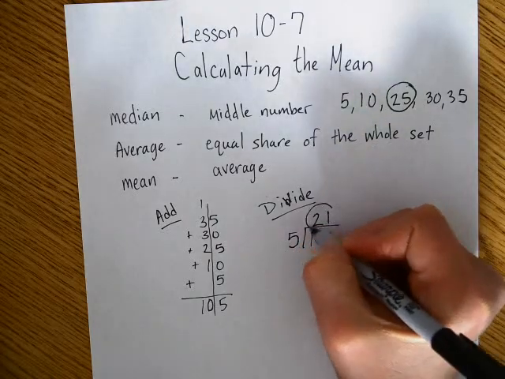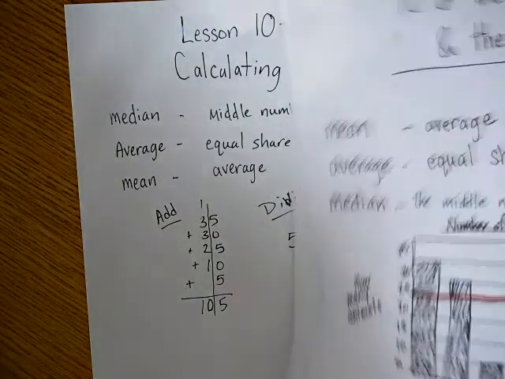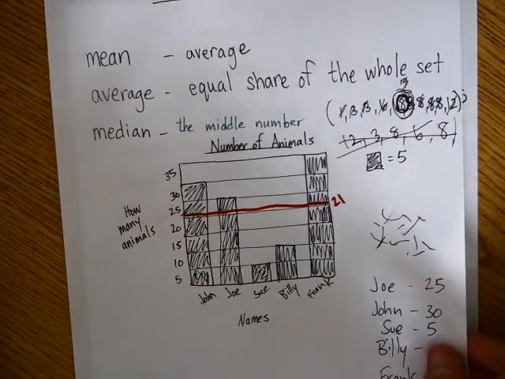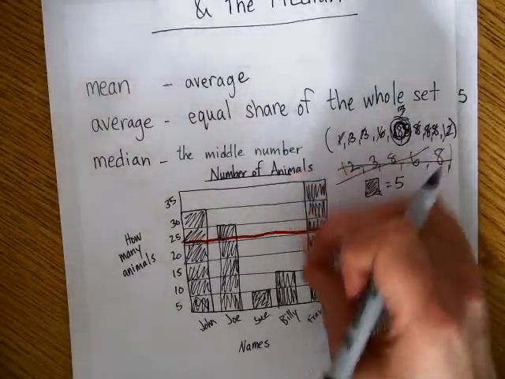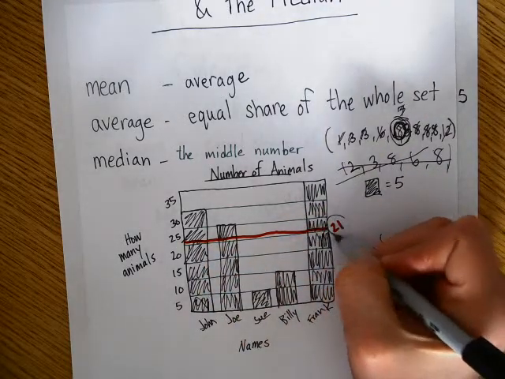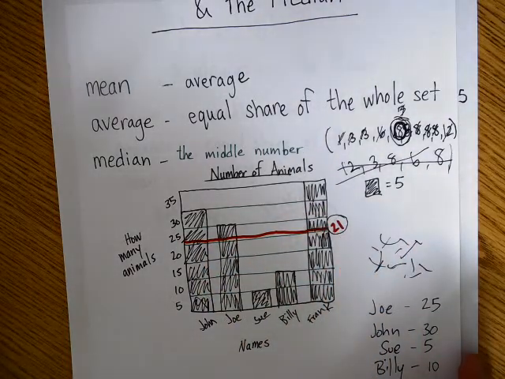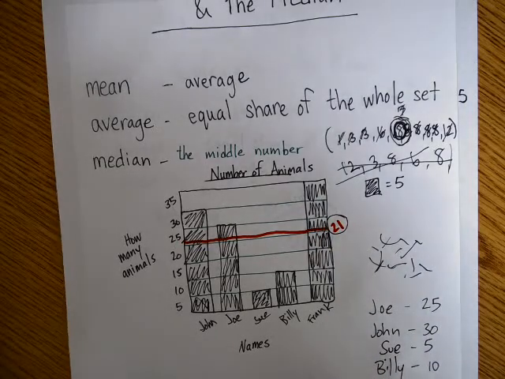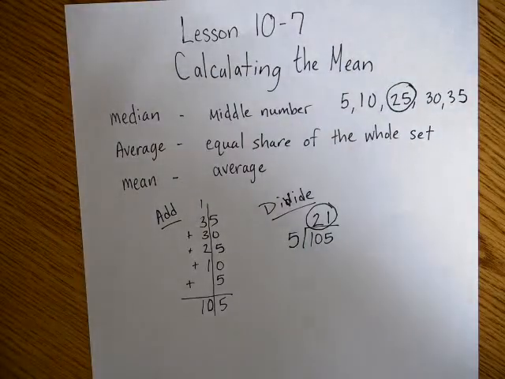If we look at the mean that we came up with yesterday, by taking all of the blocks, putting the blocks on the chart, and then taking them off and spreading them out evenly, look, we got 21. Isn't that great? So there's 2 ways to find the mean that you've looked at so far. 2 ways to find the average.